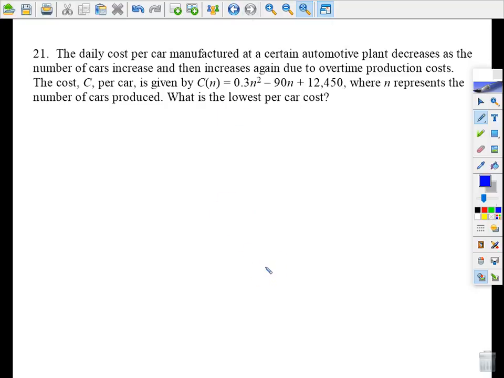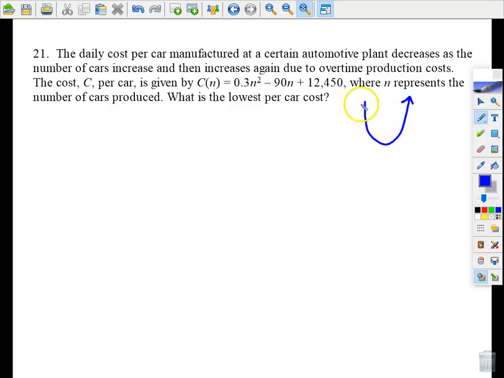Okay, let's take a look at number 21. This is a quadratic function because the highest exponent in the function is 2. So remember what these look like when they're graphed. You don't have to graph this, but I want to give you a way to remember how to find the answers to questions about the highest or lowest value on a quadratic. Quadratics create parabolas.